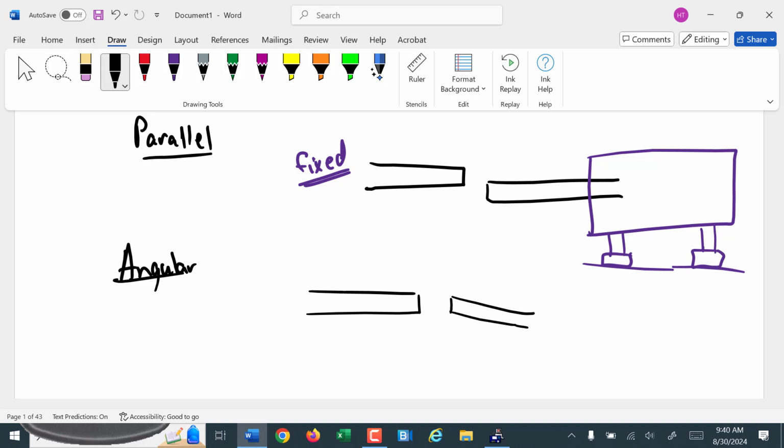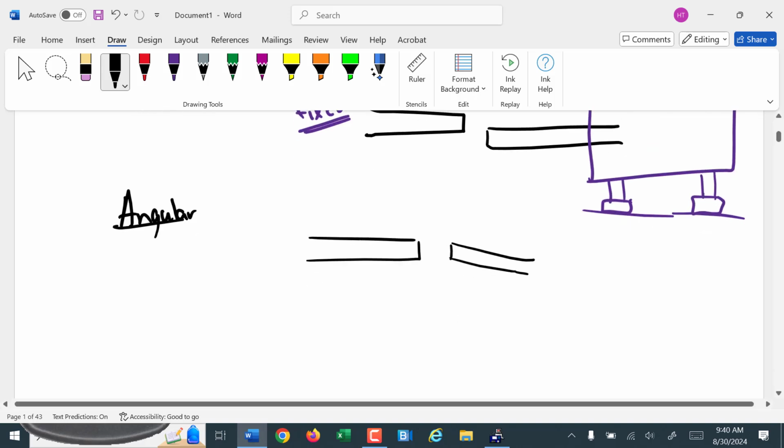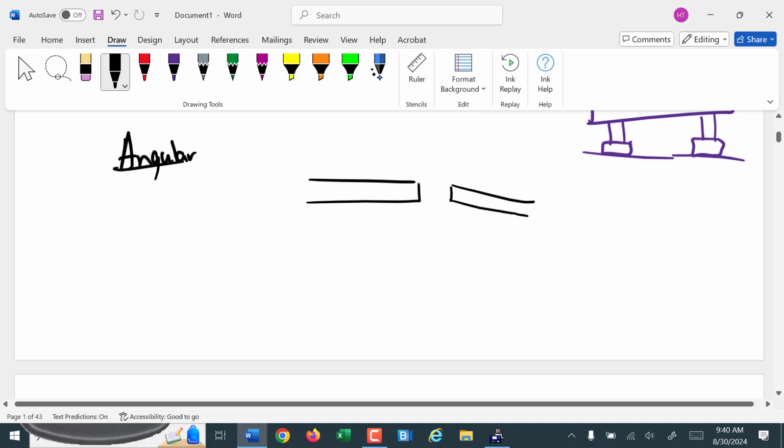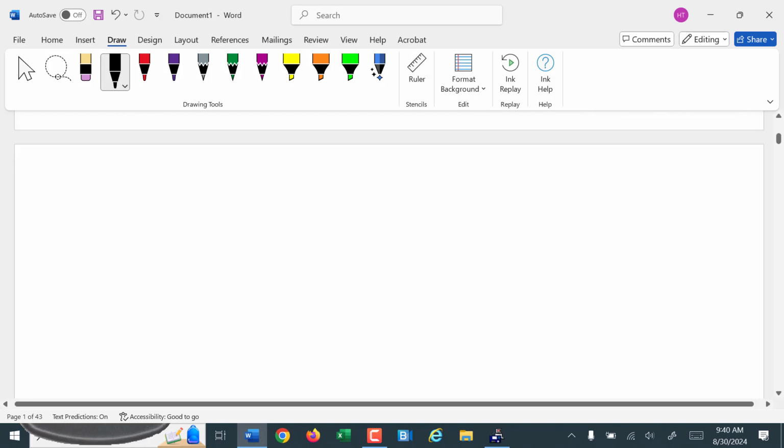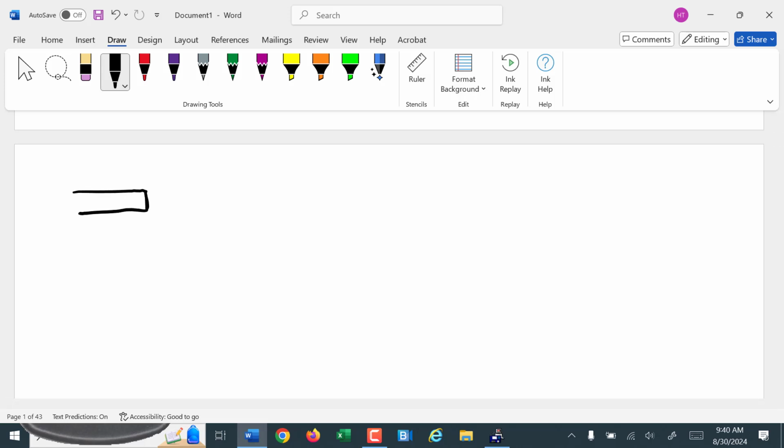Go ahead. Okay. Angular alignment is where they're not parallel. So we have to adjust. Hopefully the machine is level to the ground, and you just have to adjust the motor to be parallel to that shaft.